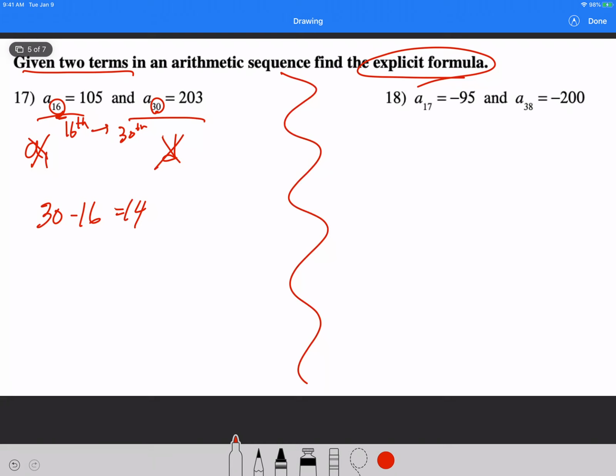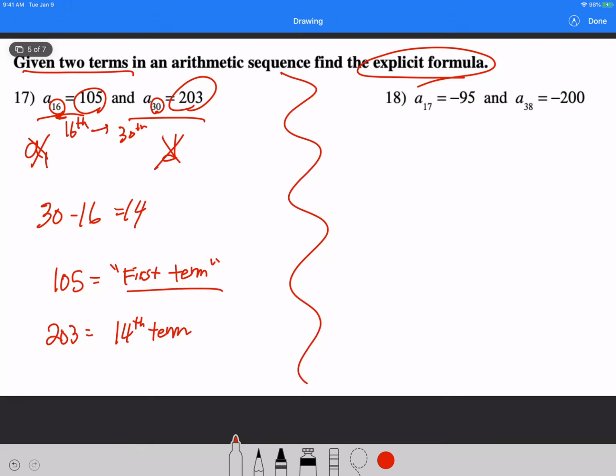Okay, so what that means is treat this as if it was the very first term. 105 is kind of like your first term. Okay, and then the 14 terms after that, you get 203. Okay, so 203 is your 14th term after the first term. So what that means is the common difference is consistently added 14 times after that, okay?